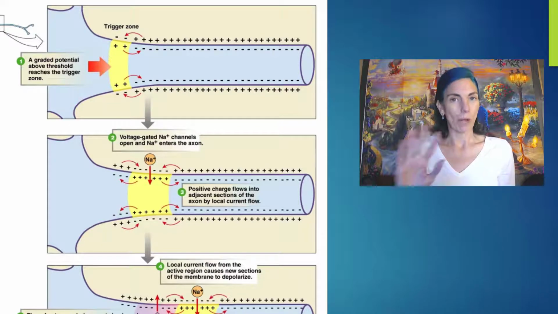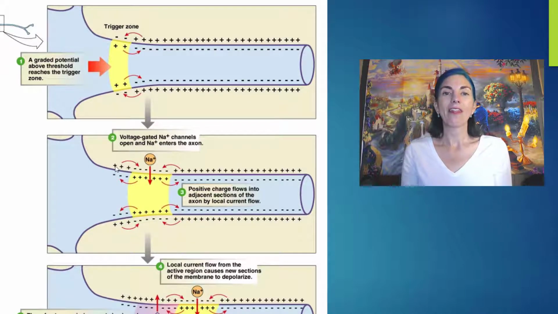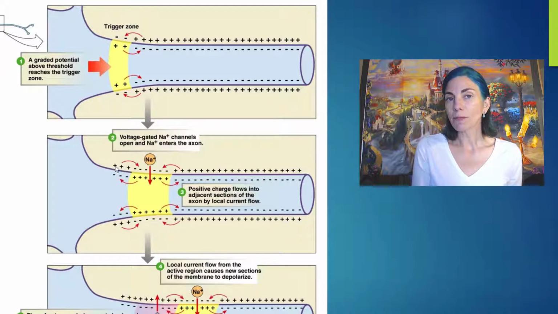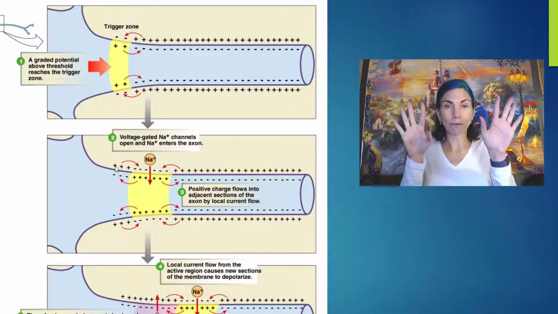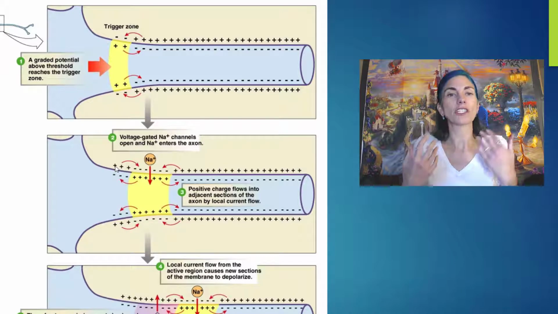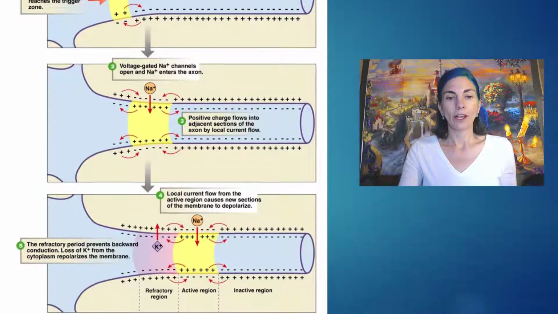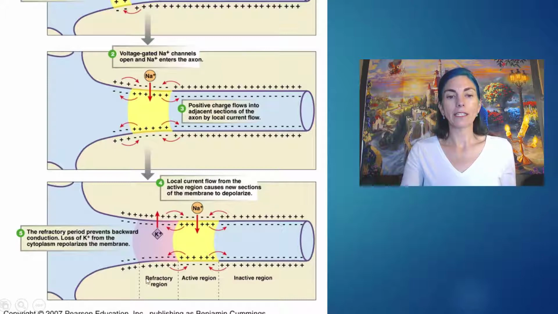And so, again, we can't have that happen, but suffice it to say that the part of the membrane that just finished an action potential does not see, hear, experience that positive charge. It does not respond to it. So therefore, there is no backward flow of action potentials.